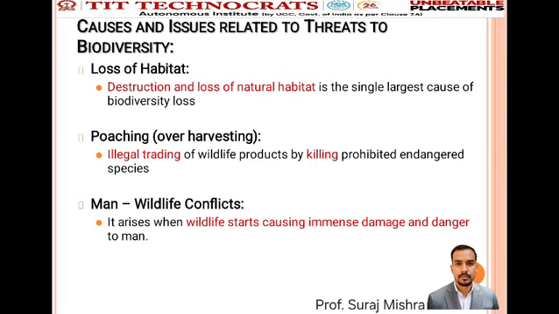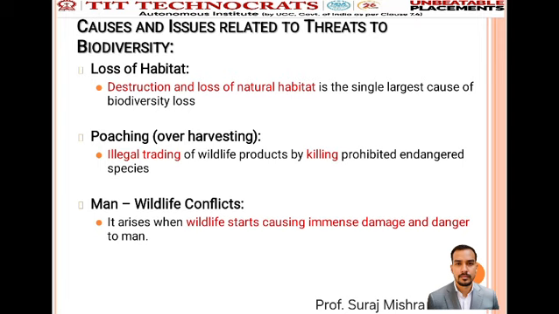In search of food, the wild animals encounter humans and get injured. And sometimes farmers kill wild animals to protect their crops. And because of this, many of the important species have become endangered in our country.